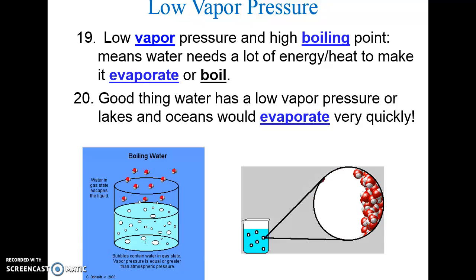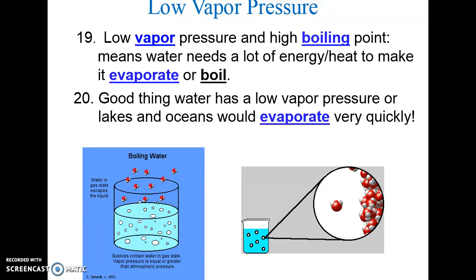Okay, low vapor pressure and high boiling point means water needs a lot of energy or heat to make it evaporate or boil. Okay, and why does that happen? High surface tension. And it's a good thing.